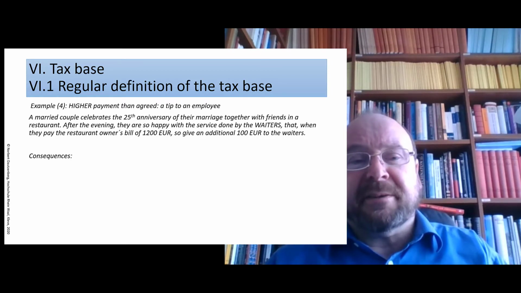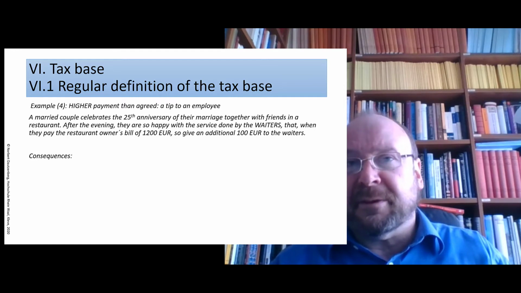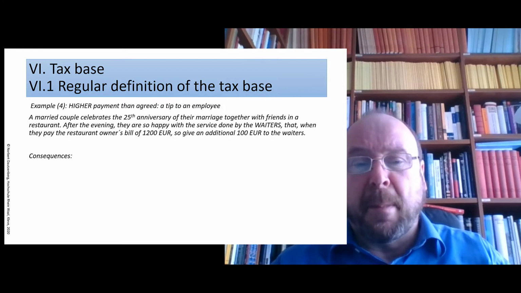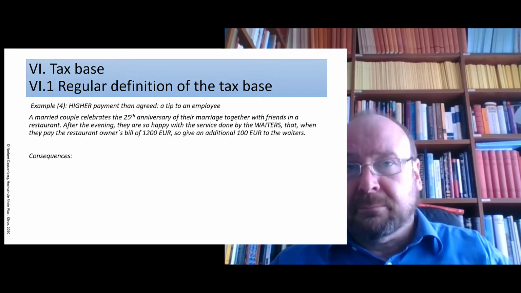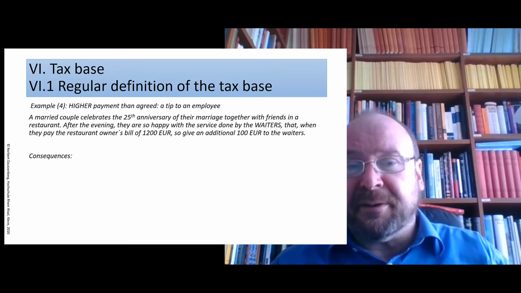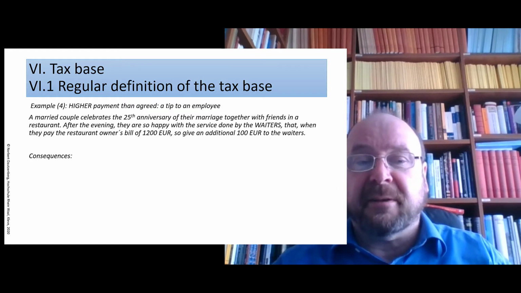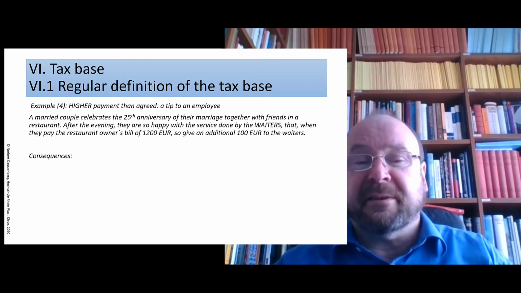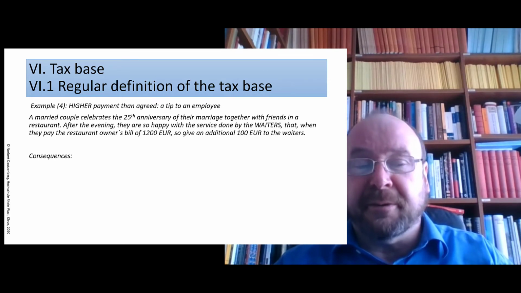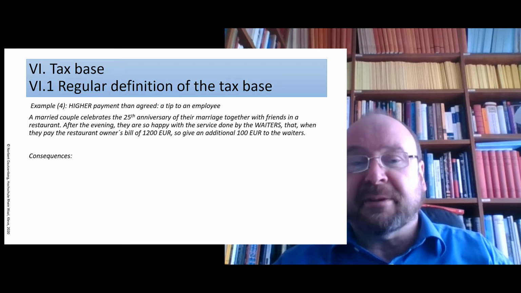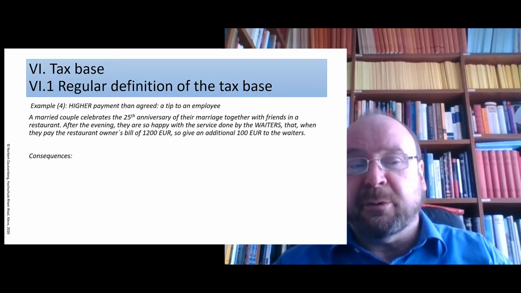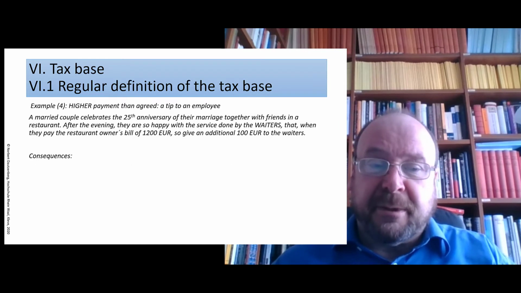On the other hand, it might happen that, for example, in a restaurant, you give a tip to an employee. For example, again, our married couple, after the end of their evening in the restaurant, they are thankful to the waiters and they tip the waiters with an additional 100 euro. So the restaurant owner's bill is 1200, but they give a tip of 100 to the waiters. Consequence.